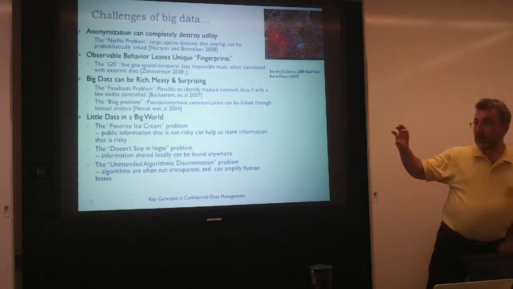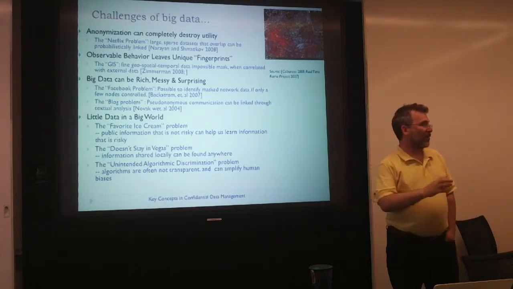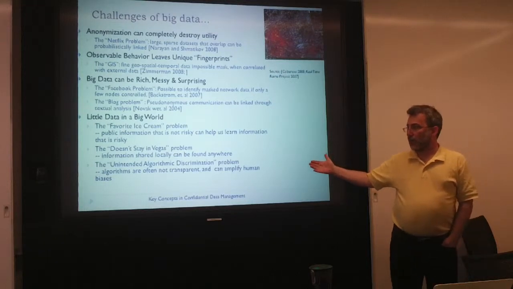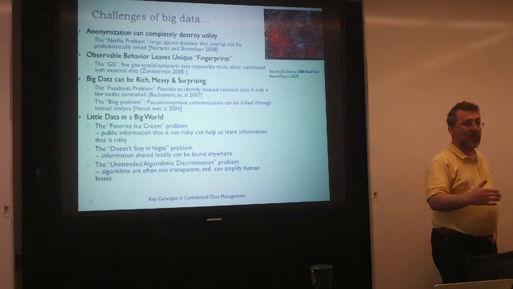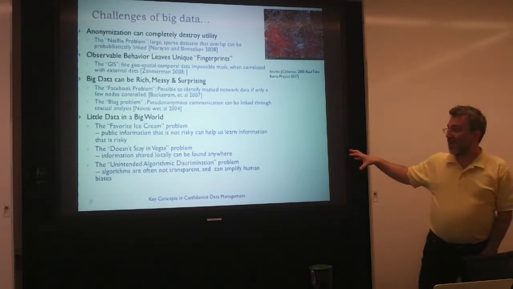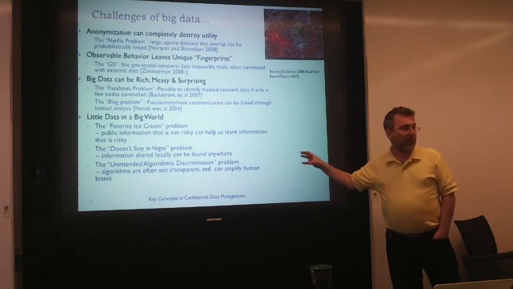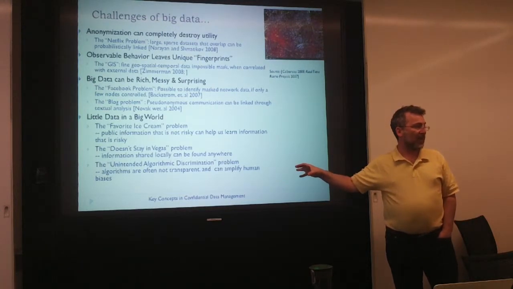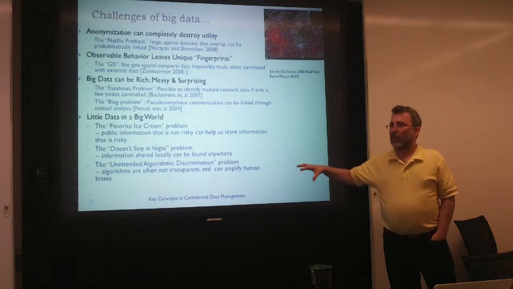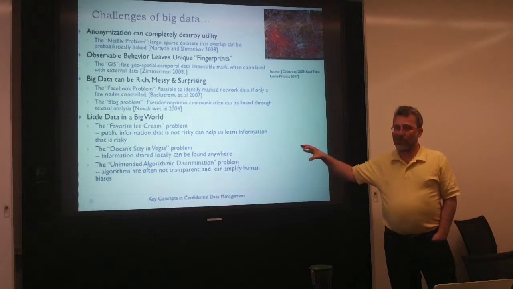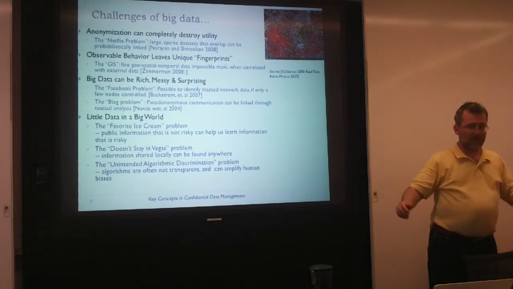But the algorithm may focus that and may use it for different decisions or in a different context. Nobody plans it that way, and unless you are explicitly looking for those sorts of effects, you're not going to find them in a big data world, with this rich, messy, large stuff.